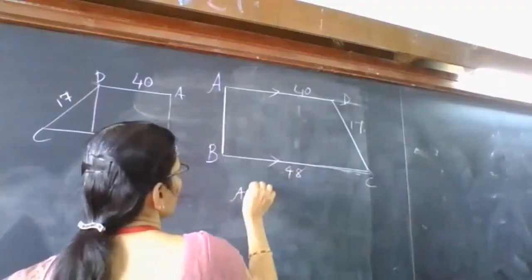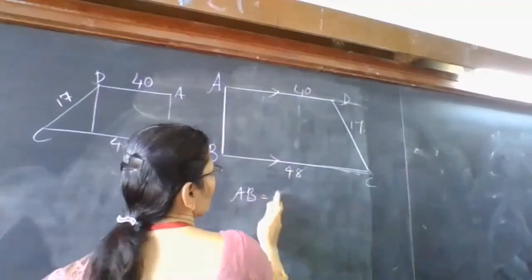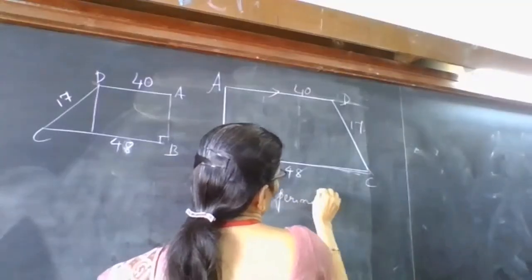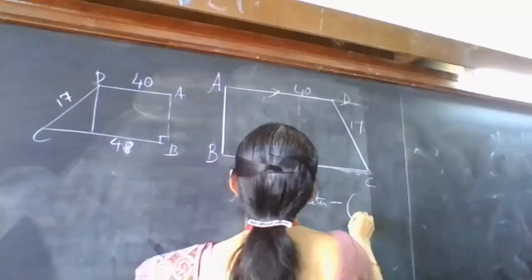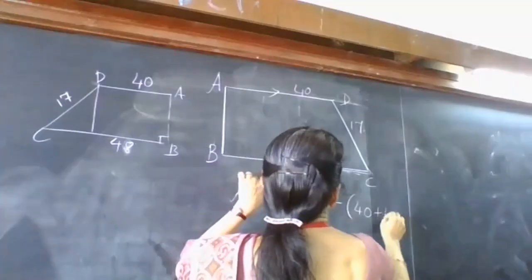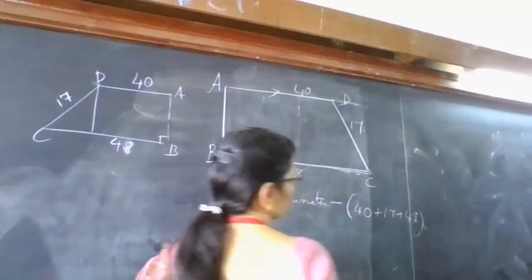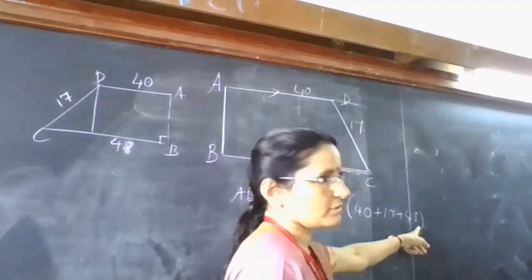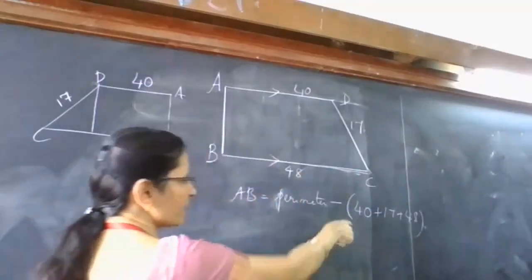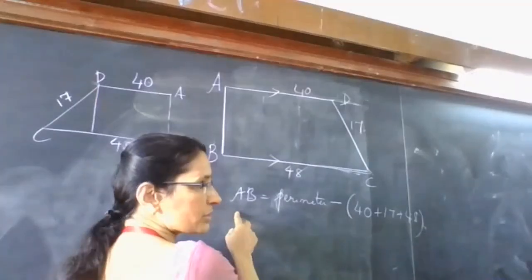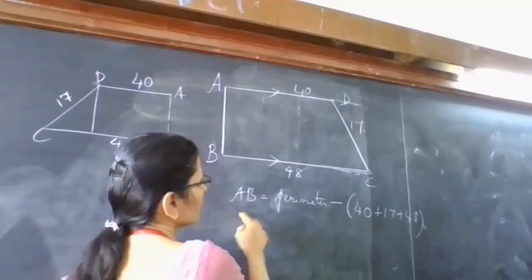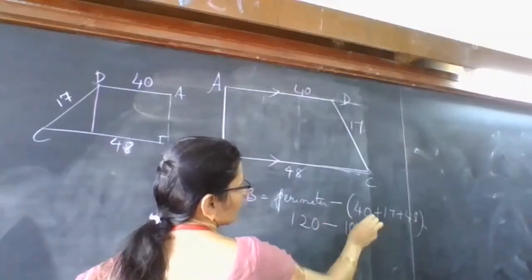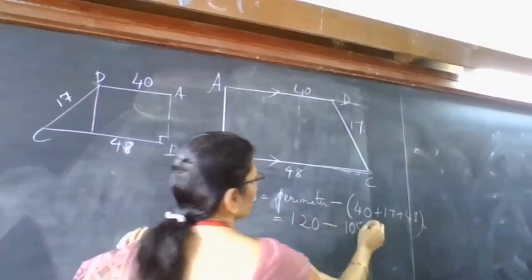So AB is perimeter minus 40 plus 17 plus 48. Of course, you should write 40 as AD plus DC plus whatever, and then next step you write this. So the perimeter given is 120. So this is 105. Correct? No, we get it as 15.